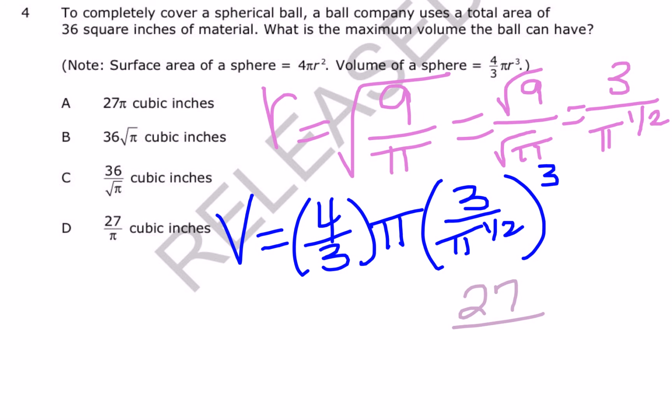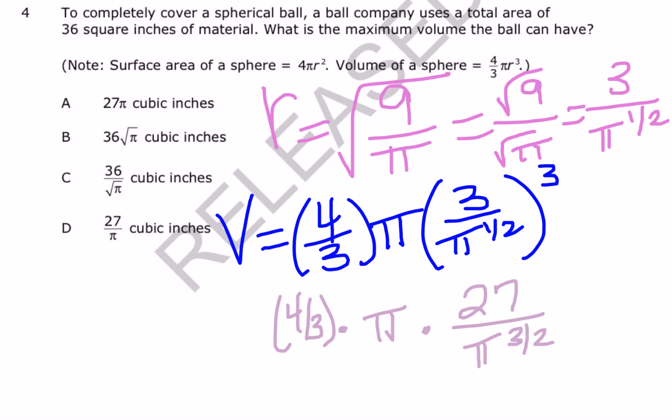And pi has an exponent of 1/2 that I'm raising to a power of 3. So when you raise from one exponent to another, you multiply. 1/2 times 3 is 3/2. So pi to the 3/2 times pi times 4/3.